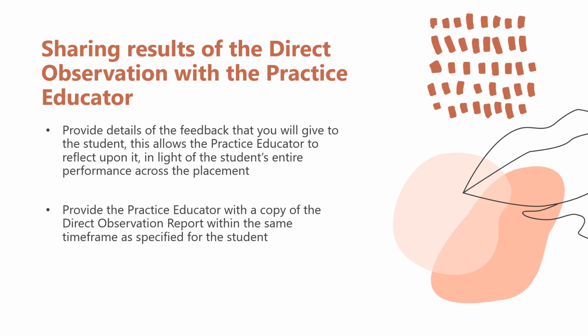And in many ways, as we've seen with part 4 of the direct observation form, this is almost like the 4th step of the process in terms of the model that we've been looking at, in that it allows the student to reflect upon what they've been doing and allow further discussion in terms of their overall learning and development. It's important that when the final direct observation report is written, that you provide a copy to the practice educator and the student within the specified timescales.